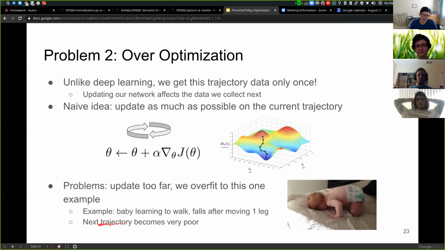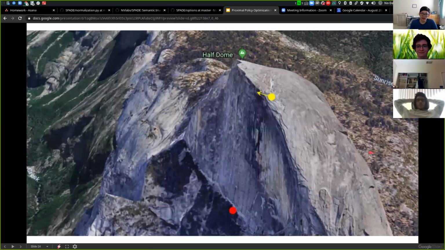And then the next trajectory would become very poor because the baby's no longer moving its legs. So that sucks. So another example of this, Vlad has this picture of Half Dome. If you take too big of a step, you're up here, and then bam, you fall over. Then you're just stuck down here, you can't get back up.